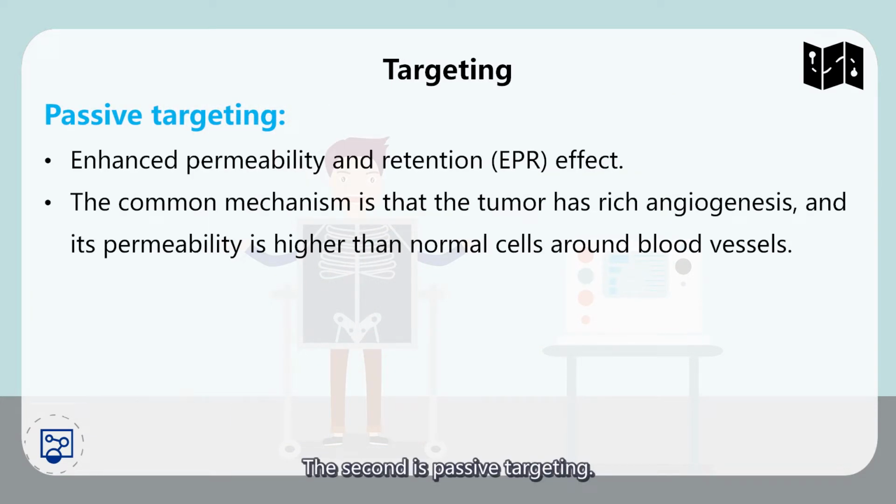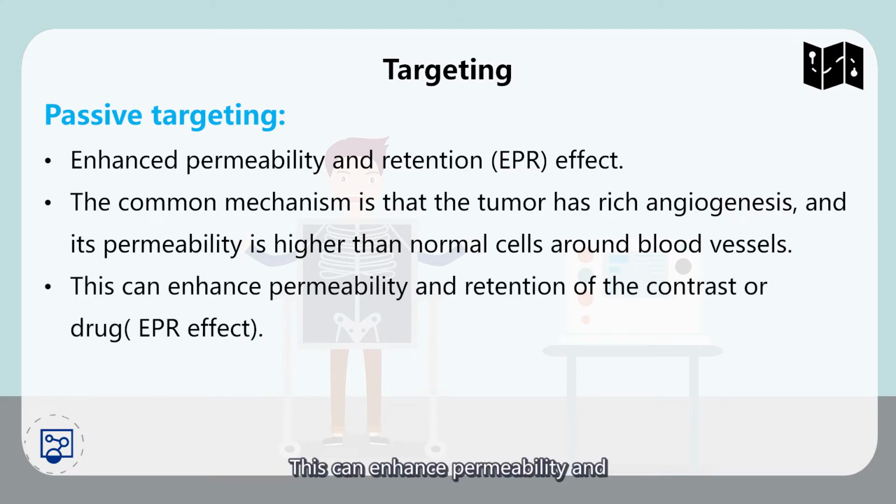The second is passive targeting. The common mechanism is that the tumor has rich angiogenesis and its permeability is higher than that of normal cells around the blood vessels. This enhances permeability and retention of the contrast agent or drug. This is the EPR effect.